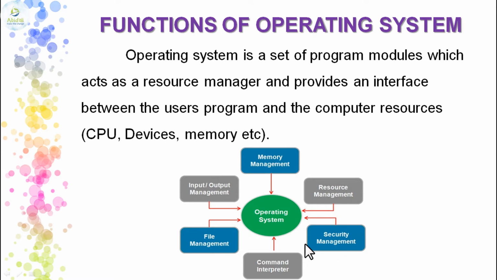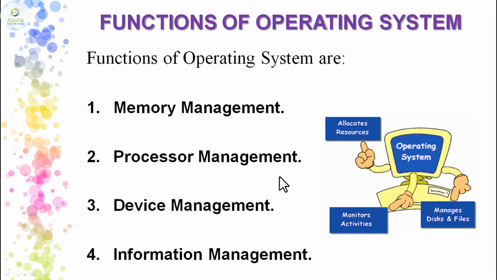As you can see in the diagram, memory management, input output management, file management, command interpreter management, security management, and resource management all fall under the functions of the operating system. The operating system has to do all these jobs to make it fit for the computer.